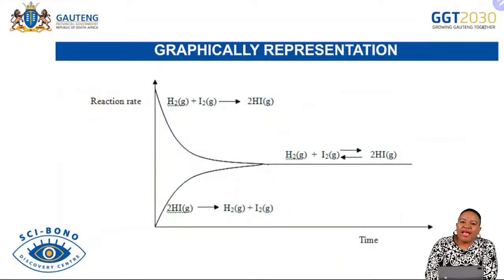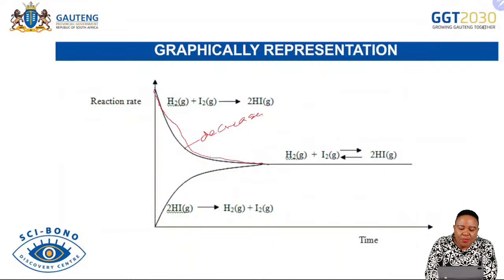Now, this is exactly what I was explaining in terms of what will happen immediately when the system starts to occur. You can see that this is the graph that represents the reactants, and it is showing the reactants decreasing. So the concentration of the reactants, or the rate of the reactants, will decrease.